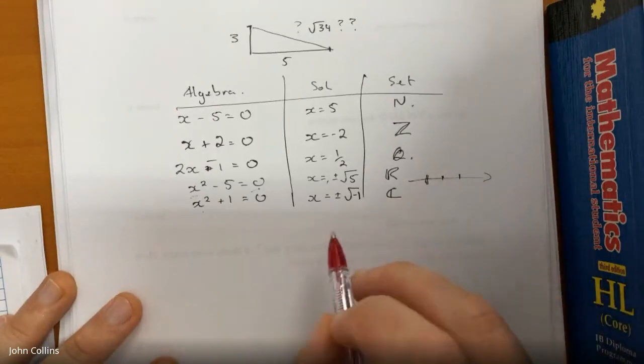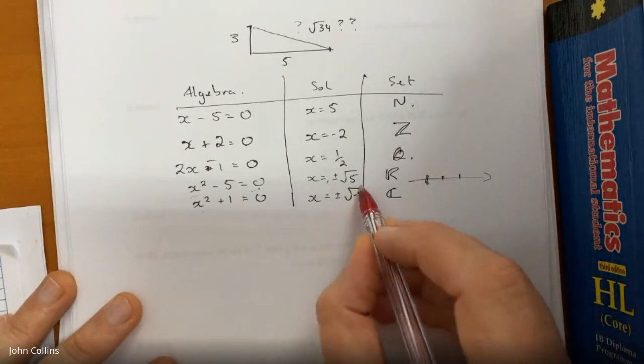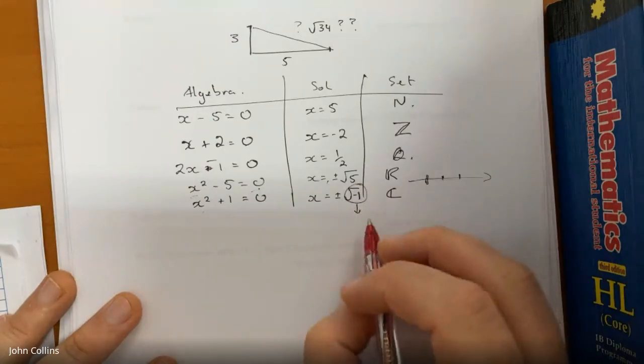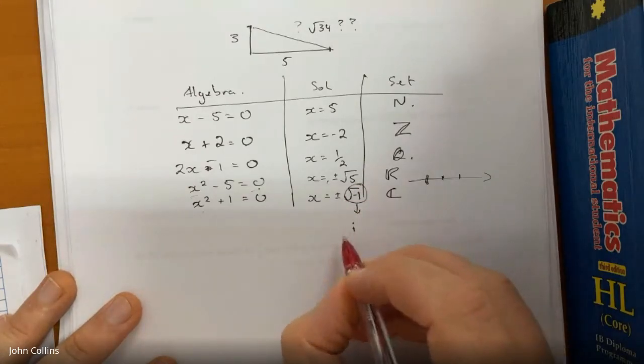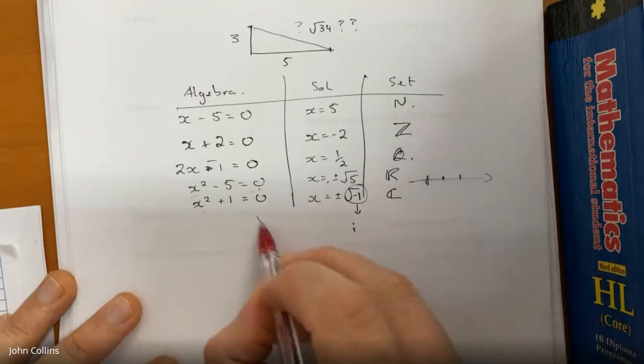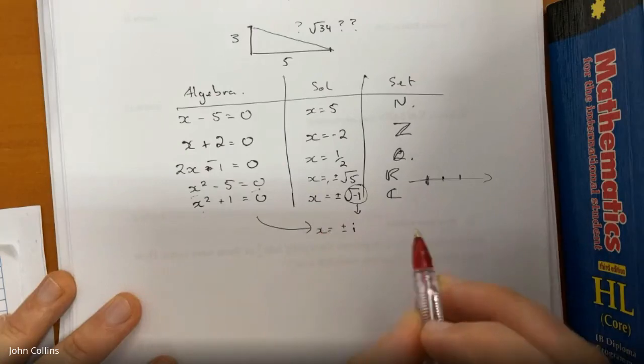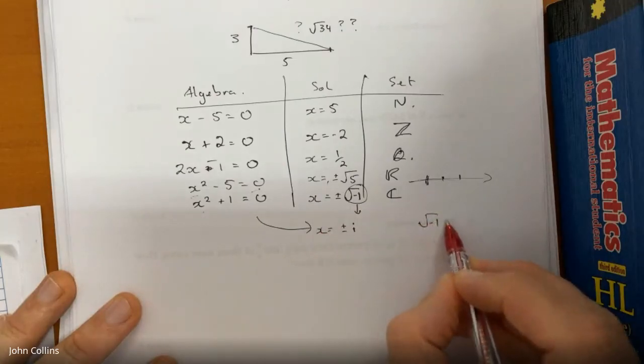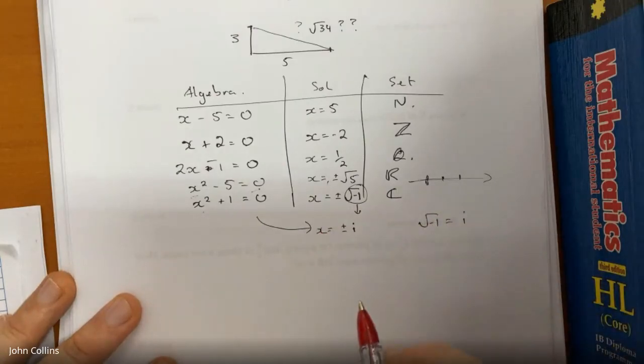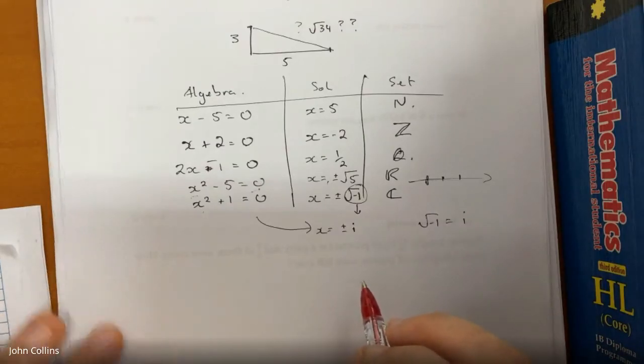You get something with i in it, because the square root of -1 is i. So the answer to this equation is plus or minus i. The square root of -1 is our delve into complex numbers.